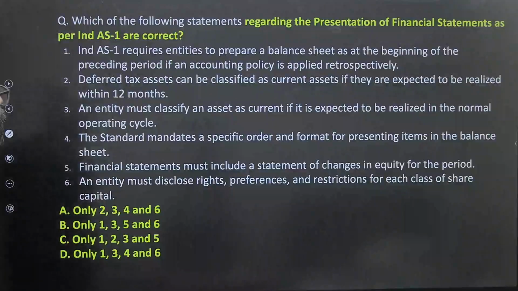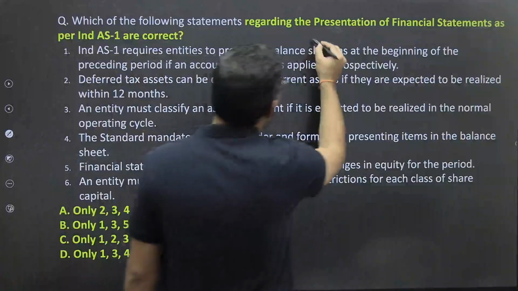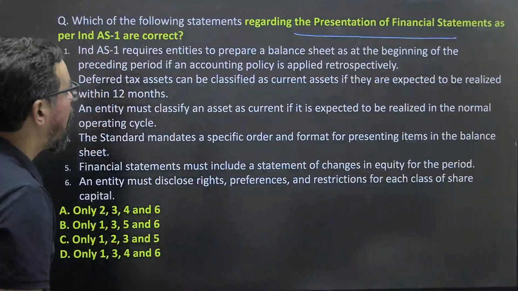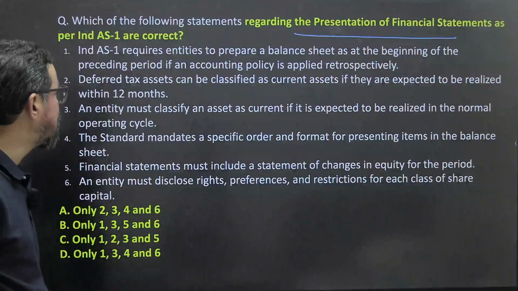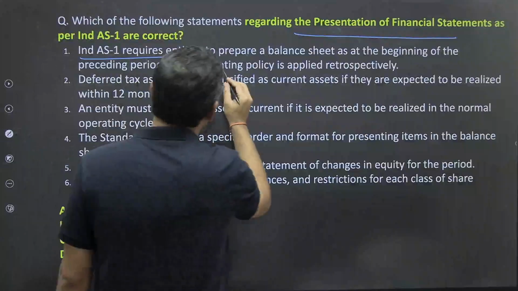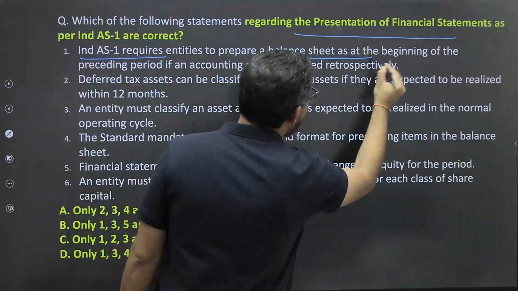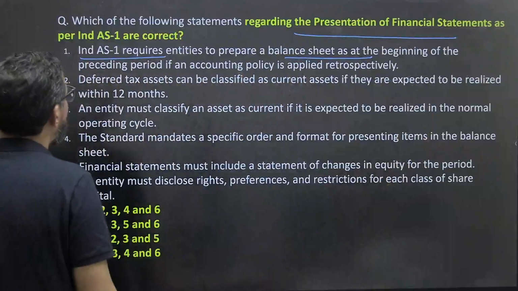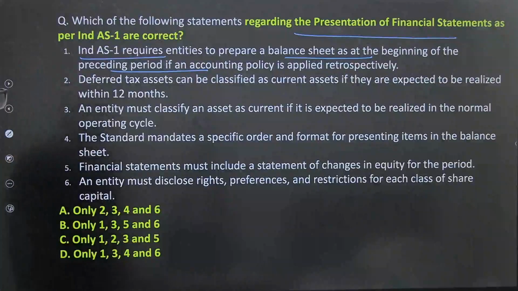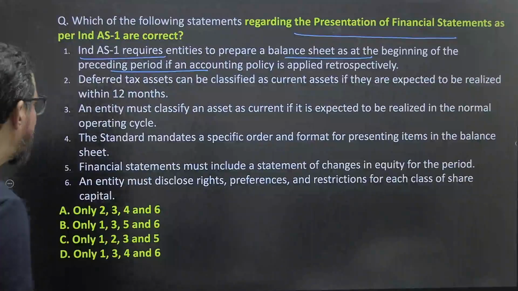Which of the following statements regarding the presentation of financial statements as per the Indian accounting standard are correct? Indian accounting standard 1 requires entities to prepare a balance sheet at the beginning of the preceding year if an accounting policy is applied retrospectively. 100% true.